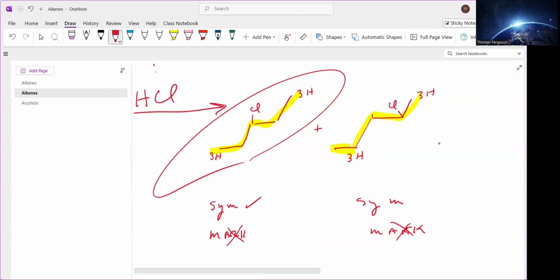In one case, it's going to be 2-chloropentane. This is going to be 3-chloropentane.